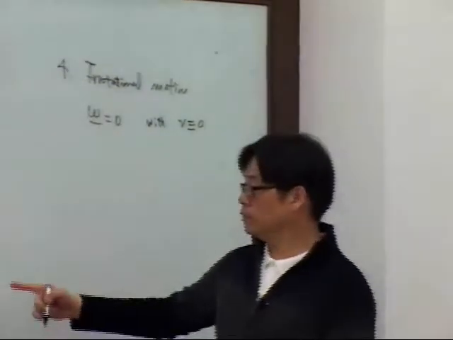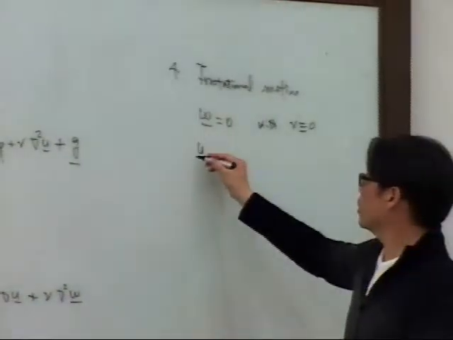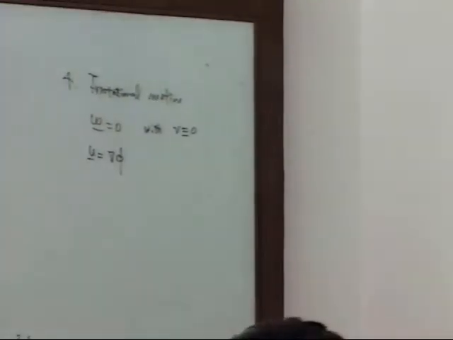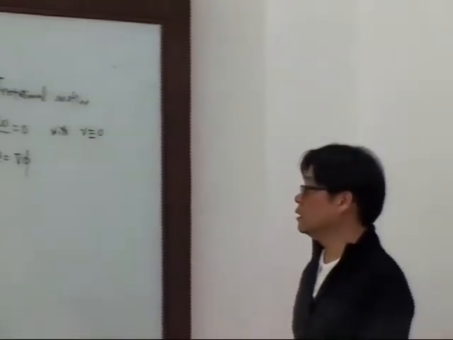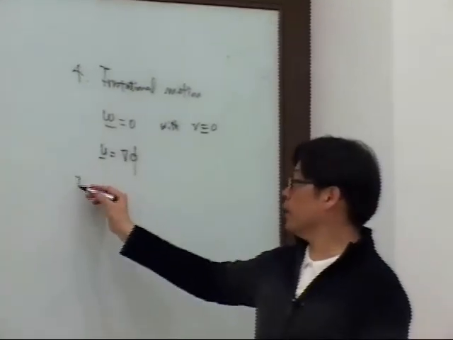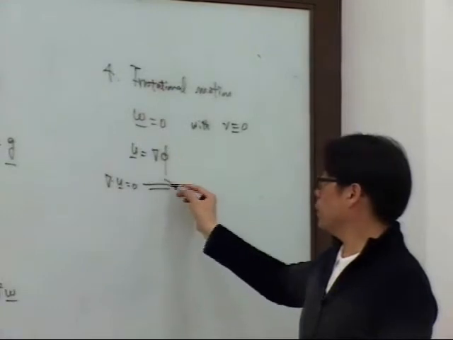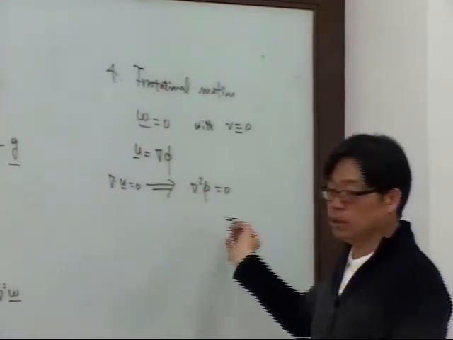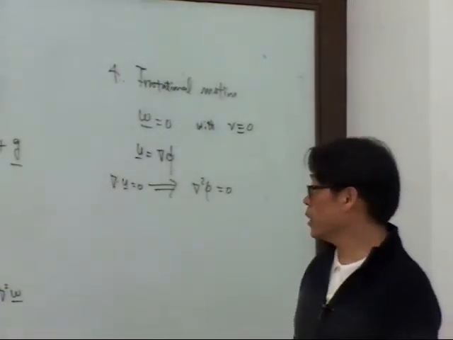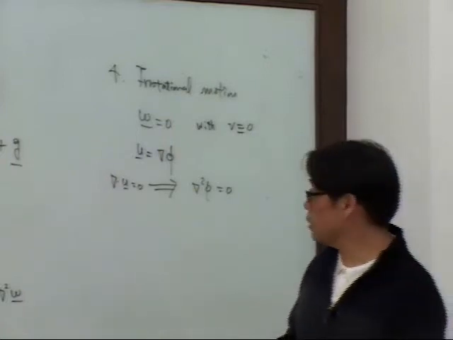Since this guy is 0, u can be written in terms of the gradient of a scalar function, which we call the velocity potential. Okay, and once you have that, then because of this, we end up with a Laplace equation, a single equation for a single unknown. And then the Euler equation will give you the Bernoulli equation.